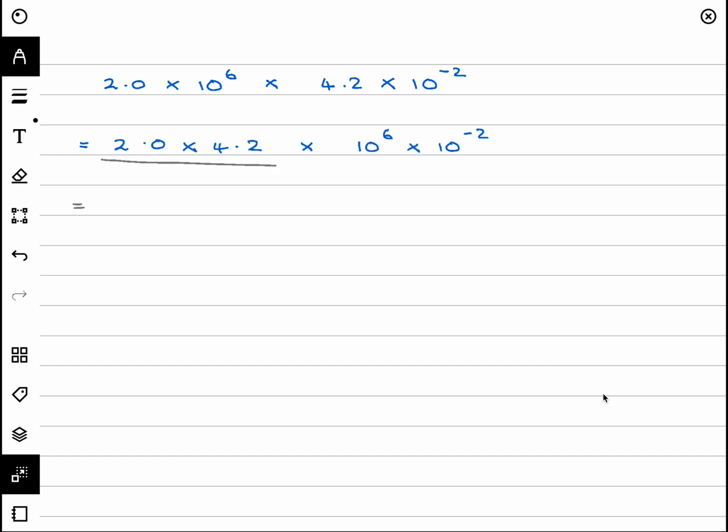Now, we're going to work out this term first. That's going to give us 8.4, because 2 times 4.2 is 8.4. And then our bases for these two numbers are the same, so we're going to add the powers, and we're going to have 8.4 times 10. 6 plus negative 2 gives me 4, and that's our answer.